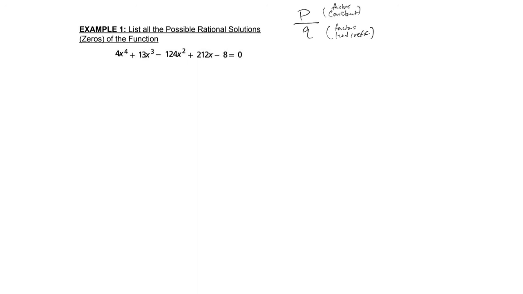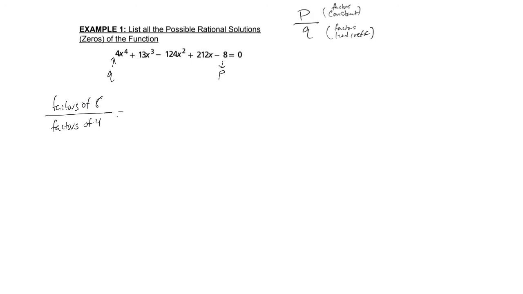So let's label our p and q, where our p is the constant, or 8, and our q is our leading coefficient, or 4. So we're going to look for the factors of 8 over the factors of 4.